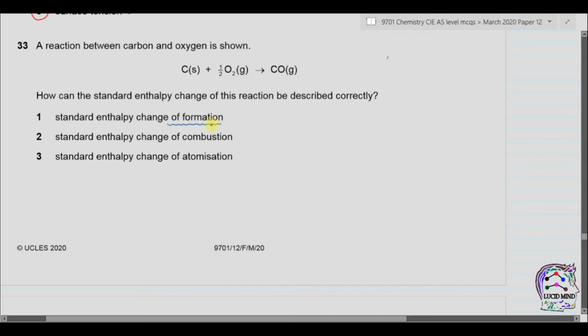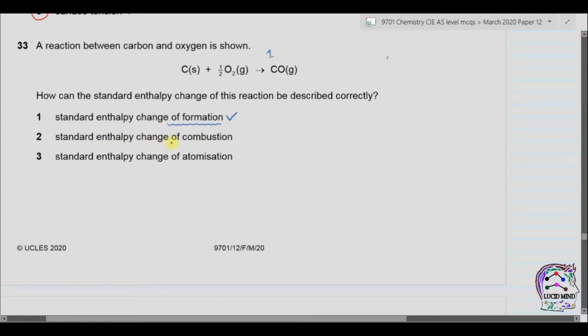It is the enthalpy change when 1 mole of a compound is formed from its elements in standard state under standard conditions. So yeah, this is fulfilling the equation, because one mole of carbon monoxide is being formed from carbon and oxygen, and both are in their elemental states. So yeah, this could be the enthalpy change of formation.